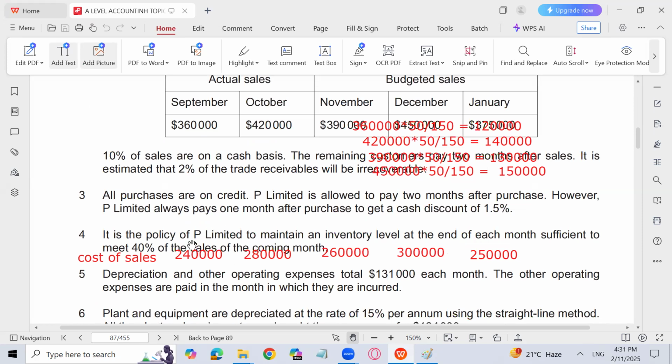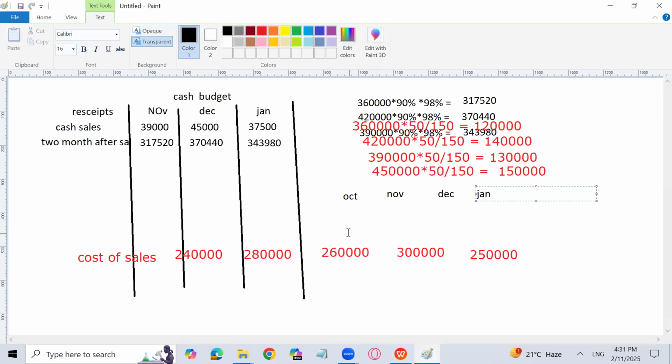It is the policy of the company to maintain an inventory level at the end of each month, not the 100% sales of the next month, which was the point of the last question, not the 25%, sufficient to meet 40% of the sale of the coming month. So that is 40% of the cost of sales of the coming month. The cost of sales for October is 2,40,000.